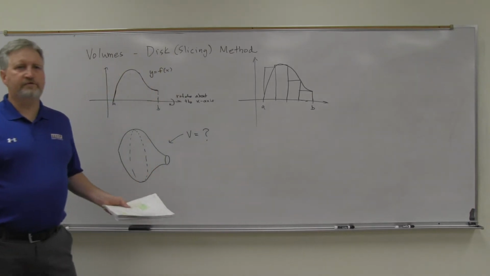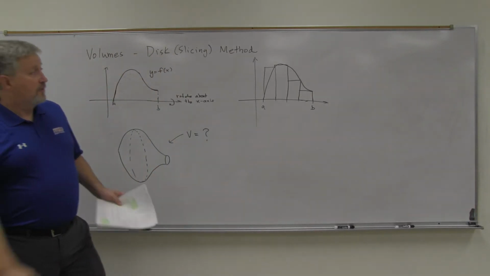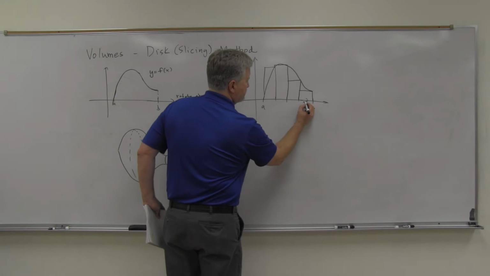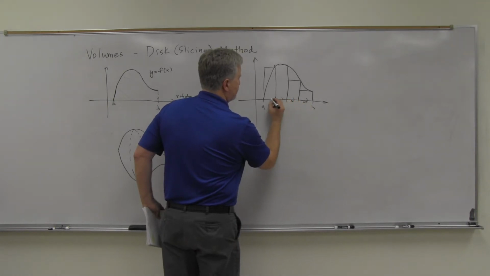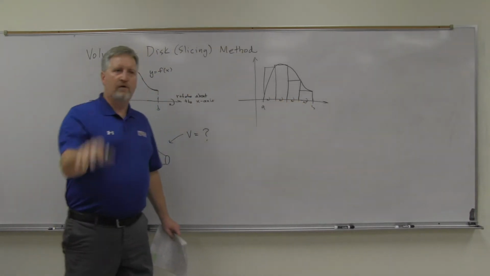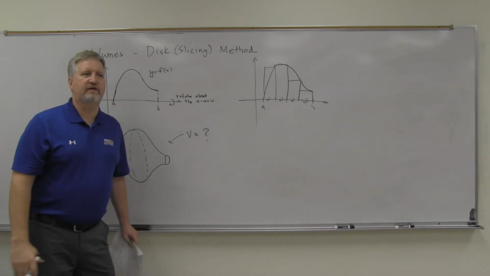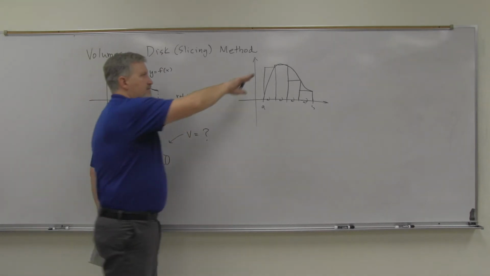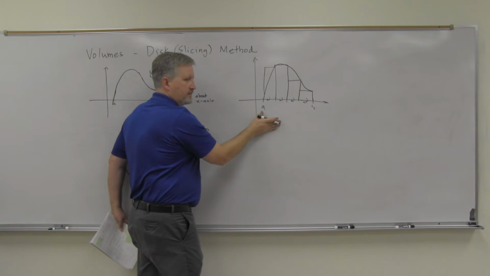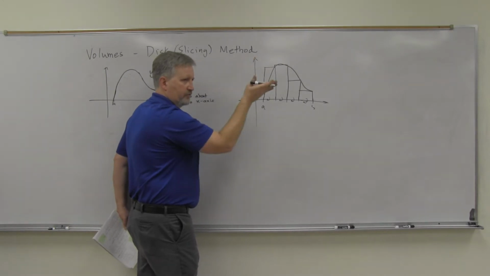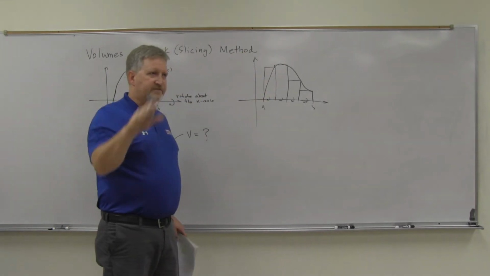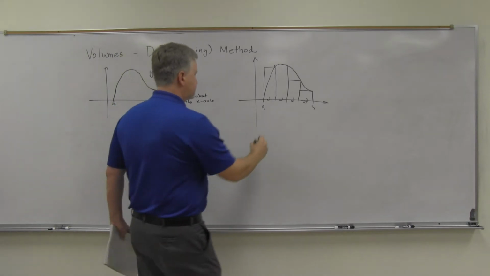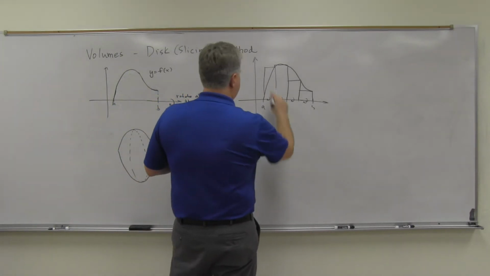Okay? We're used to that. All right? And then I rotate each one of those about the x-axis. Well, that's where I get those discs, because if I rotate this rectangle all the way around and then back through the board, back around, that's going to give me a disc.